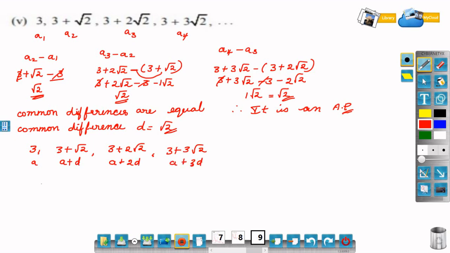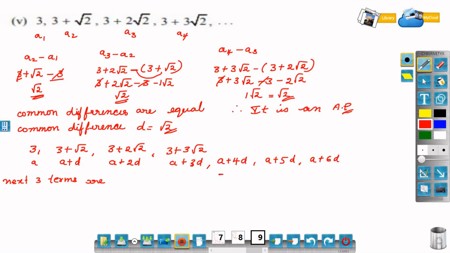So the next three terms are A plus 4D, A plus 5D, A plus 6D.